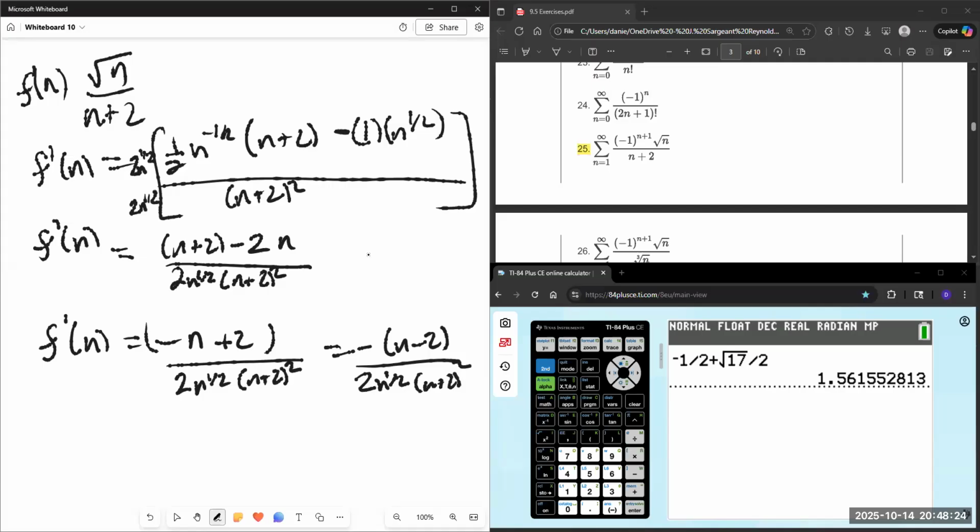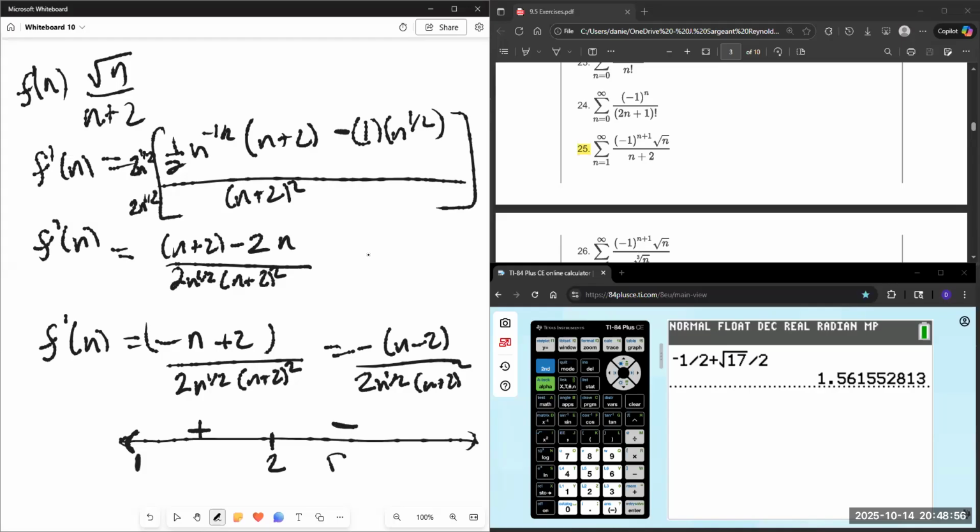And so now if I look at my first derivative here from 1 to 2, this would be a negative times a negative, which is a positive. All these numbers will be positive, always down here. And then from 2 on it will be a negative times a positive, which will be a negative. All these numbers in the denominator will be positive.